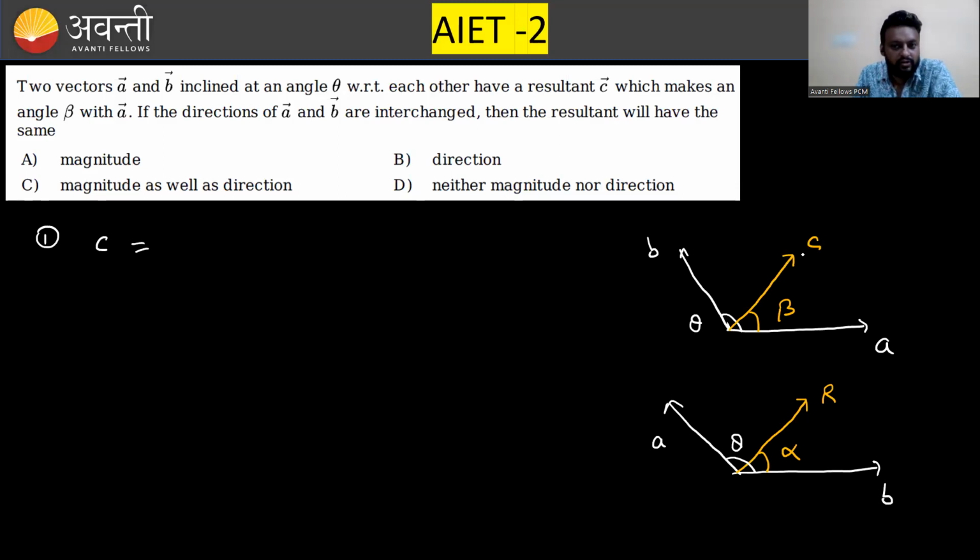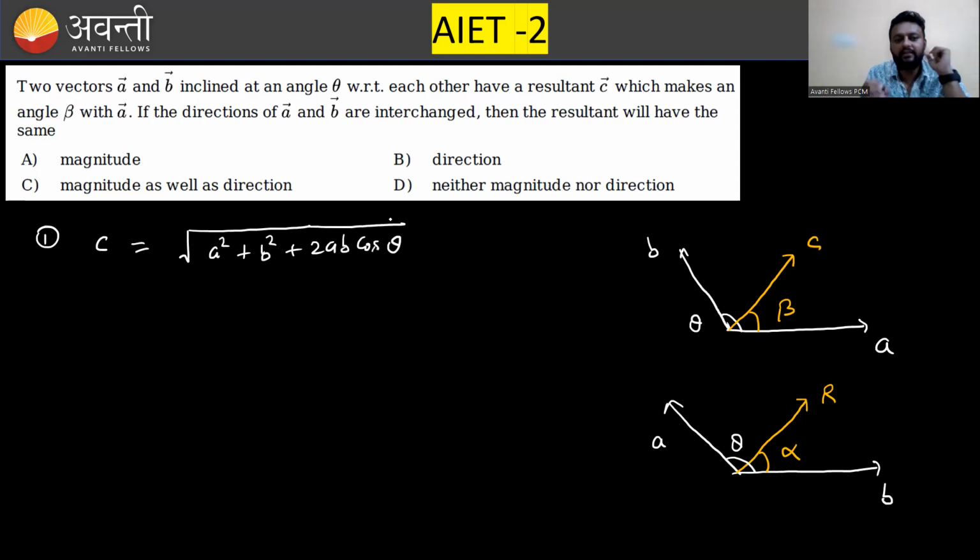So in the first case, if you use the simple parallelogram method, then this resultant C will be root of A square plus B square plus 2AB cos theta. I think this is clear.